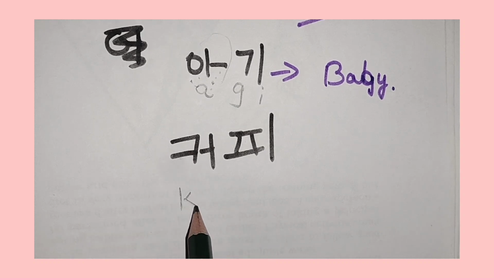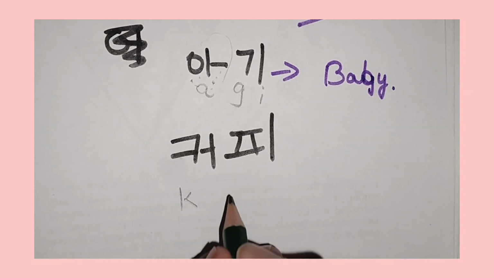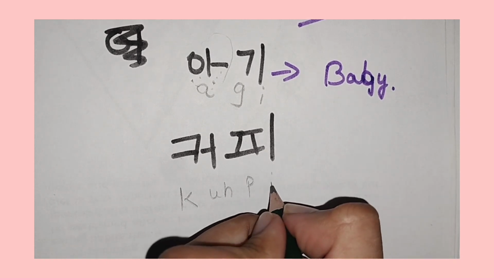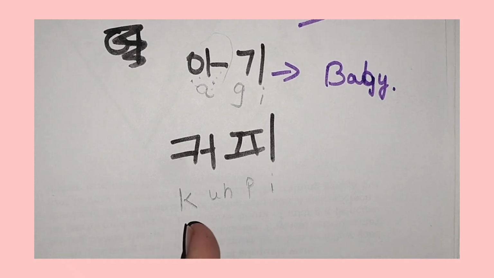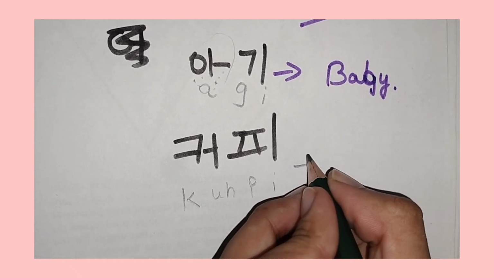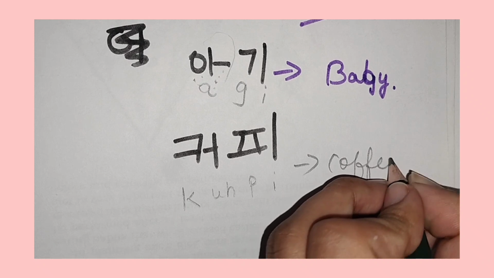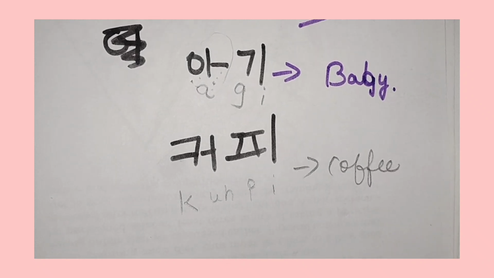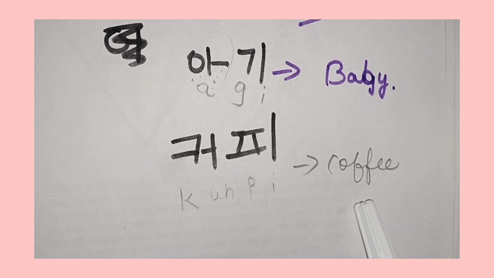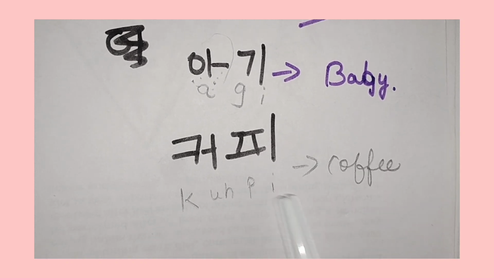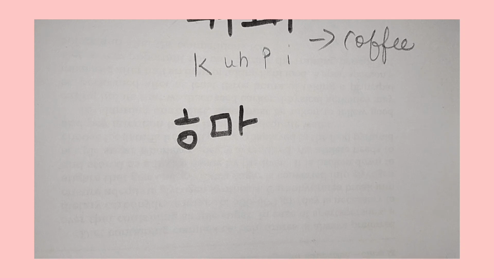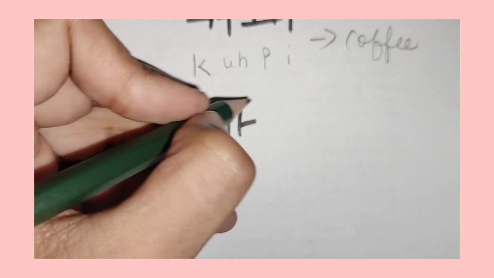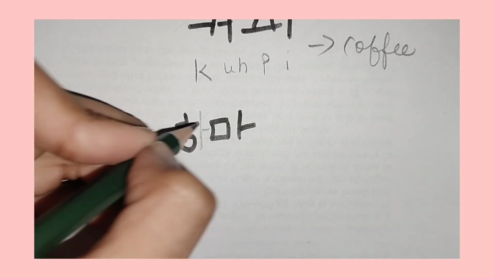So the next one is K, O, P, E. Copy, and it means coffee. It sounds similar, but the difference is F and P. So the last one is H. Oh, I forgot to put A here.